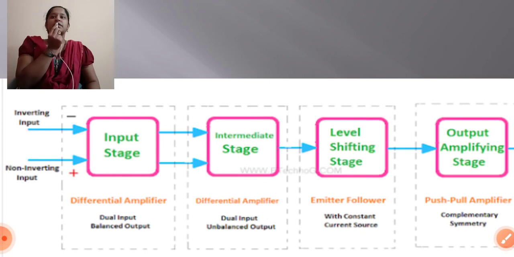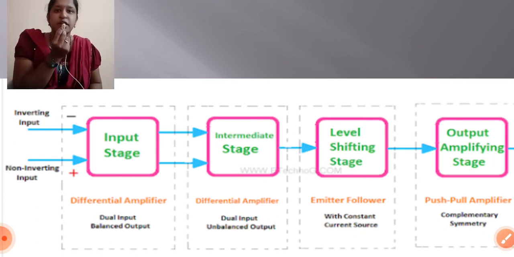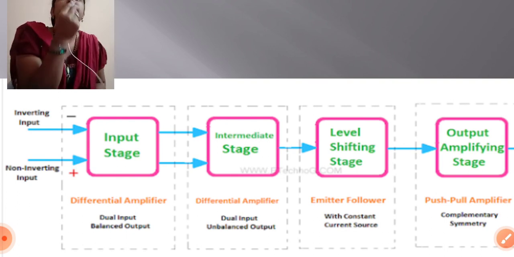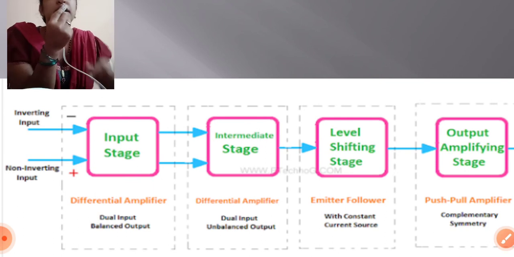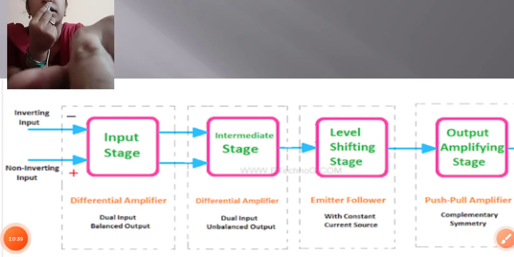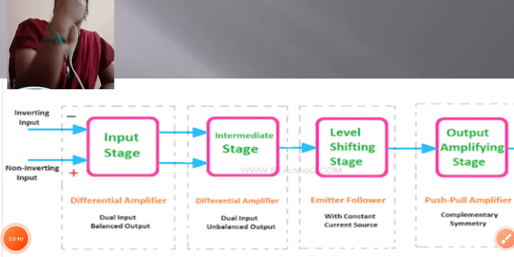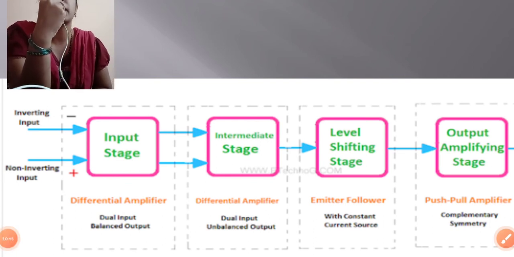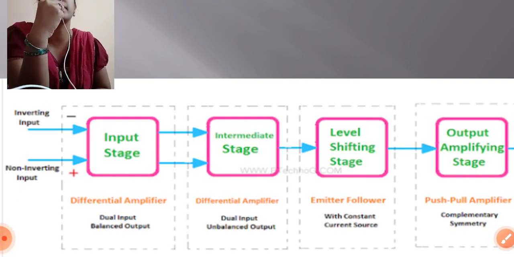Right after the intermediate stage, the next stage is to shift the DC level at the output of the intermediate stage downwards to 0 volts with respect to the ground. The final stage is usually the push-pull complementary amplifier output stage.